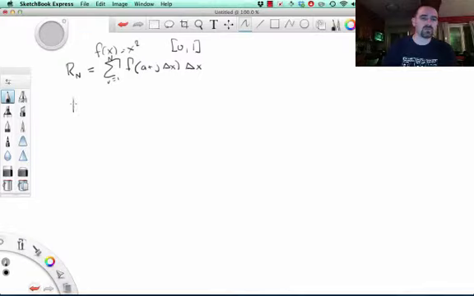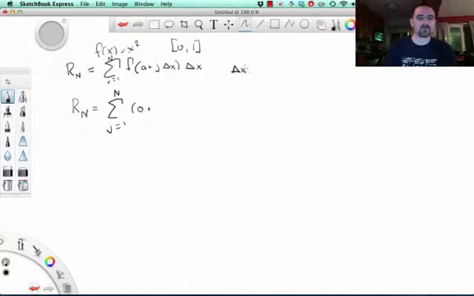Okay, so let's write it with our particular function. Our particular function is x squared, and our a is 0, and our b is 1. So I'm going to plug in. J goes from 1 to n, and our function again is x squared, and a is 0, so it's going to be 0 plus, and oh, I got to find delta x, so I'm going to put delta x up here.